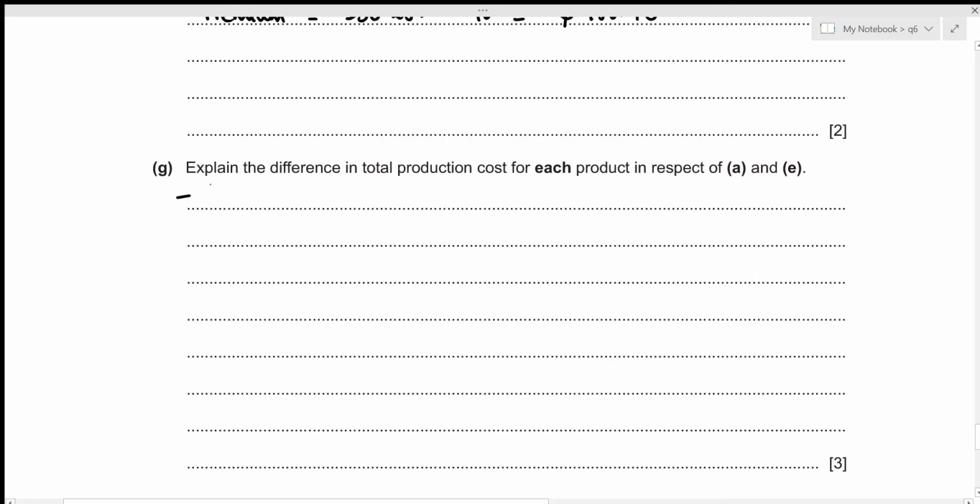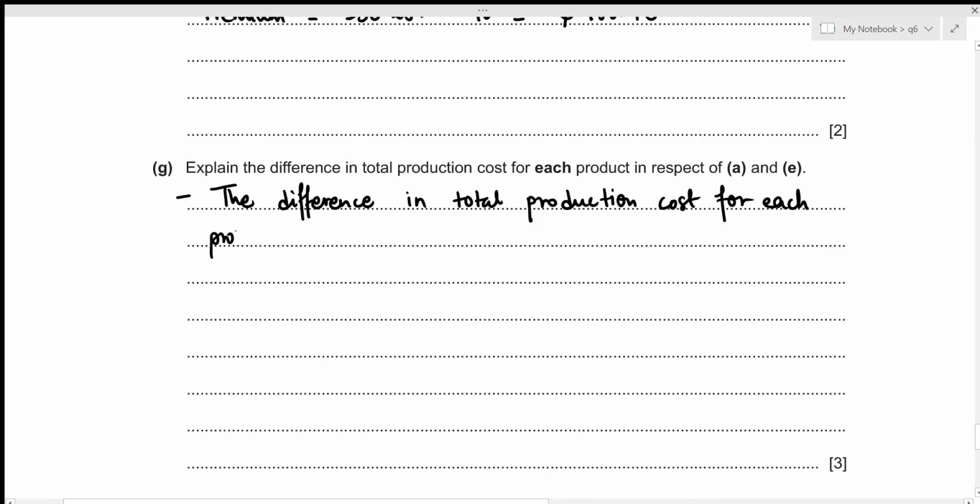The difference in total production cost for each product is due to difference in overhead charged.